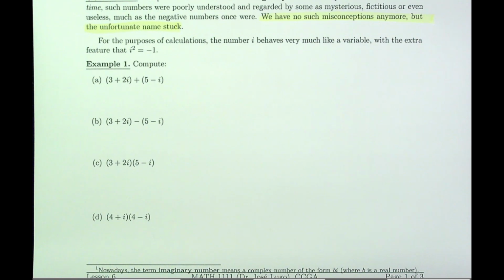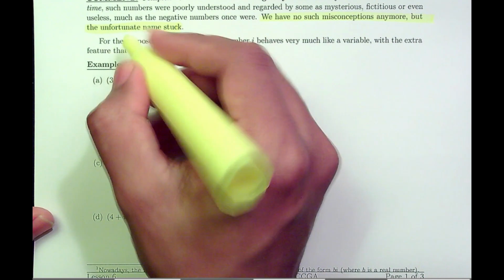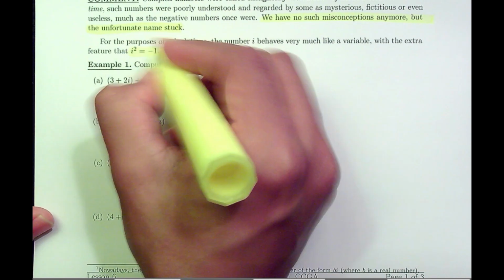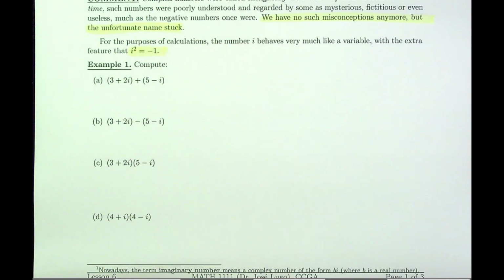The only thing is that once you have simplified as much as you can, you take it a step further, and every time you see an i squared, you replace that with -1, because i squared is -1. Then you simplify a little bit more, and that's the end.